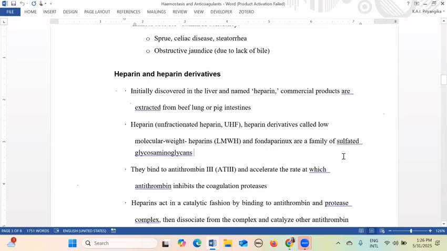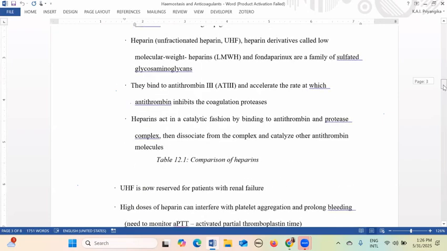They bind to antithrombin 3 and accelerate the rate at which antithrombin inhibits the coagulation proteases.